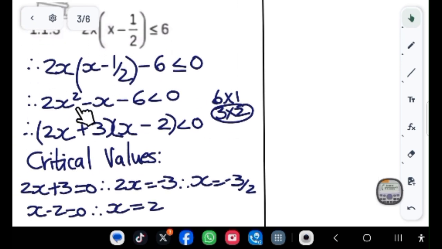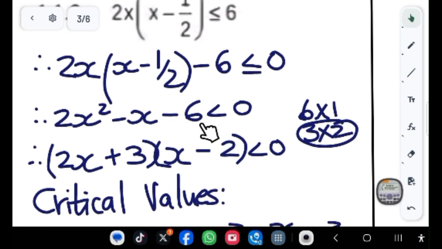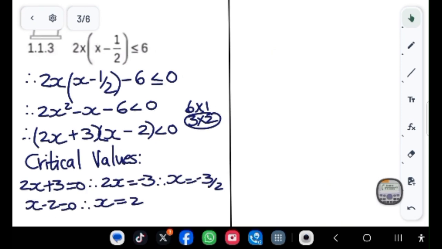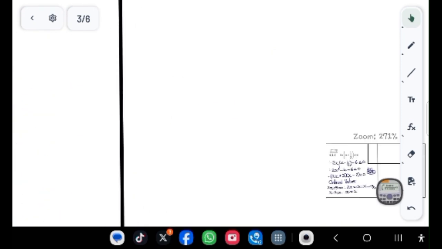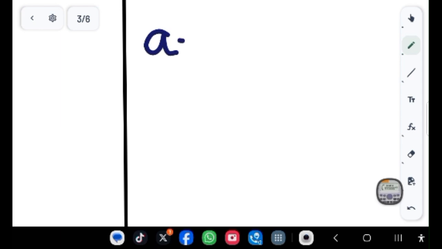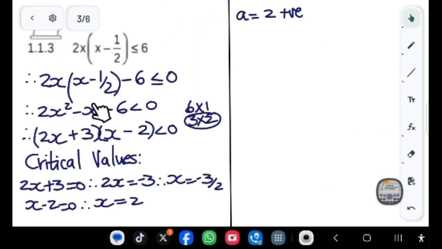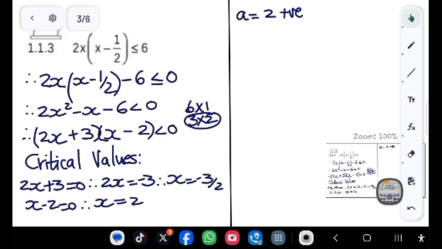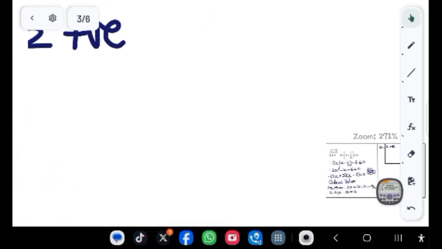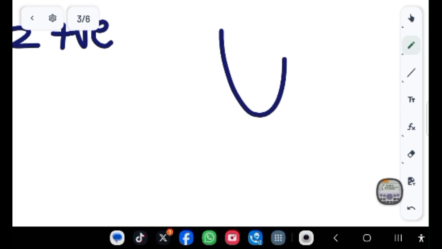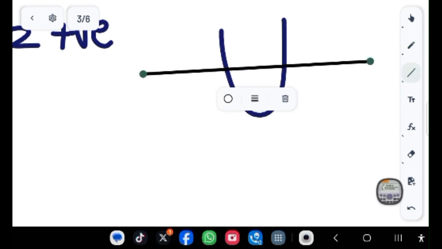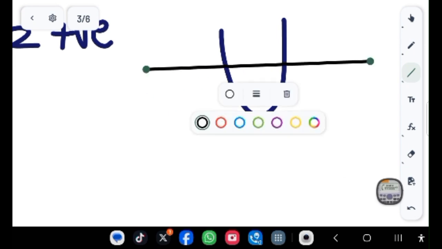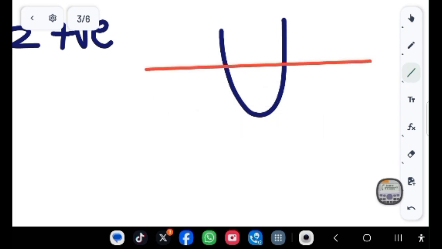Now notice that your expanded inequality has got a positive a, the coefficient of x squared, which is positive. This is the equation or the function of a parabola. So we draw a parabola with the arms looking up, because we are dealing with a positive a. When your a is positive in a parabola, your arms look up.